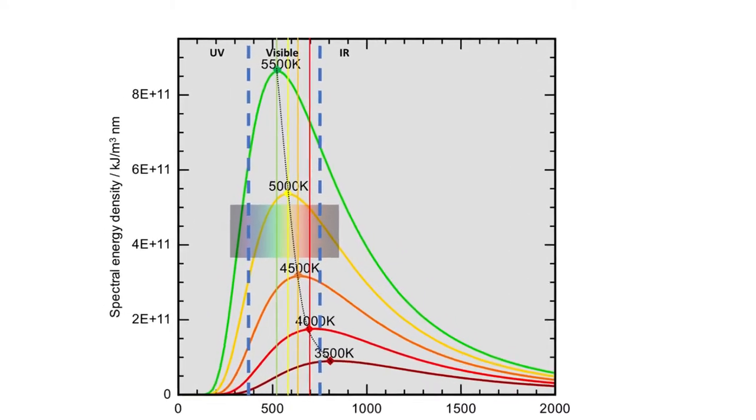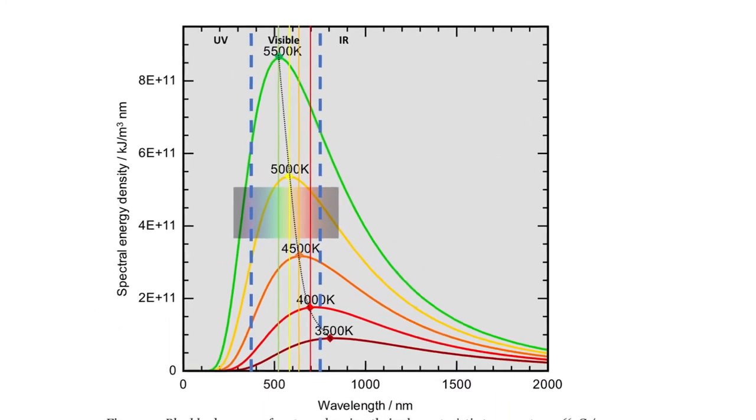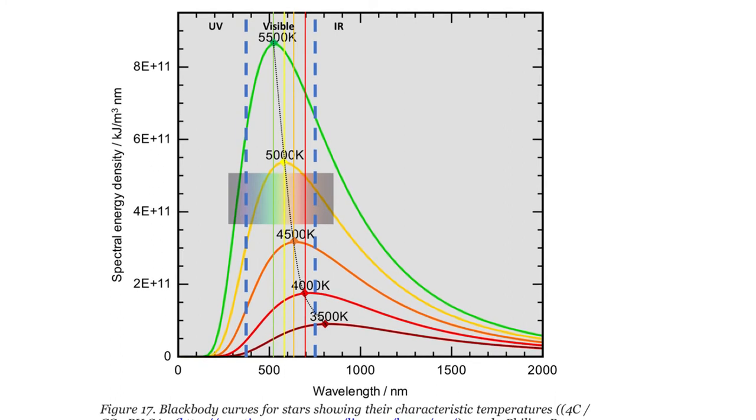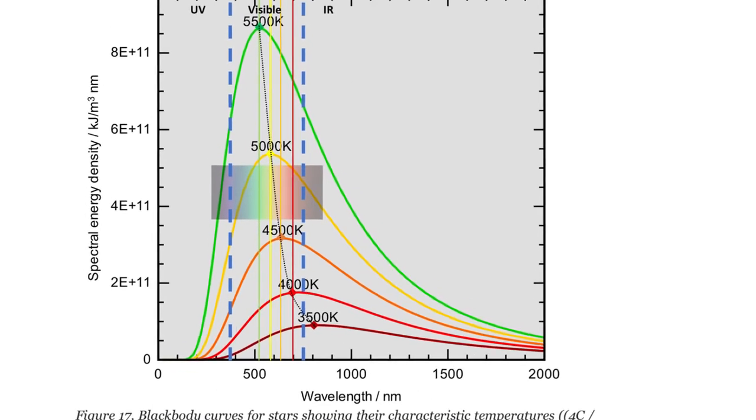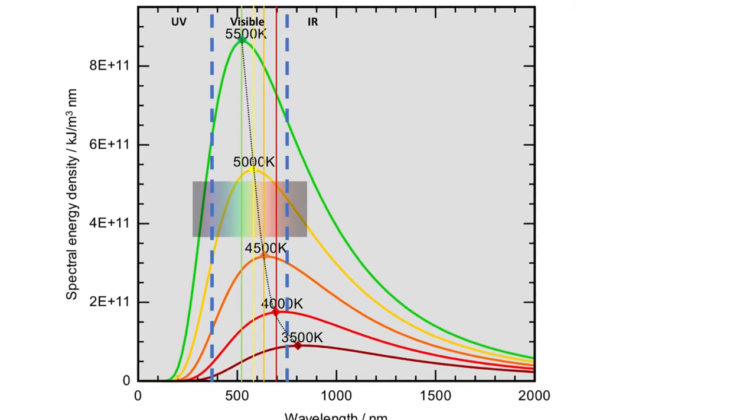Now here we have a plot of spectral intensity versus wavelength for stars with different surface temperatures. So we can see that when the temperature increases, the wavelength at which the peak intensity occurs actually moves to the left.